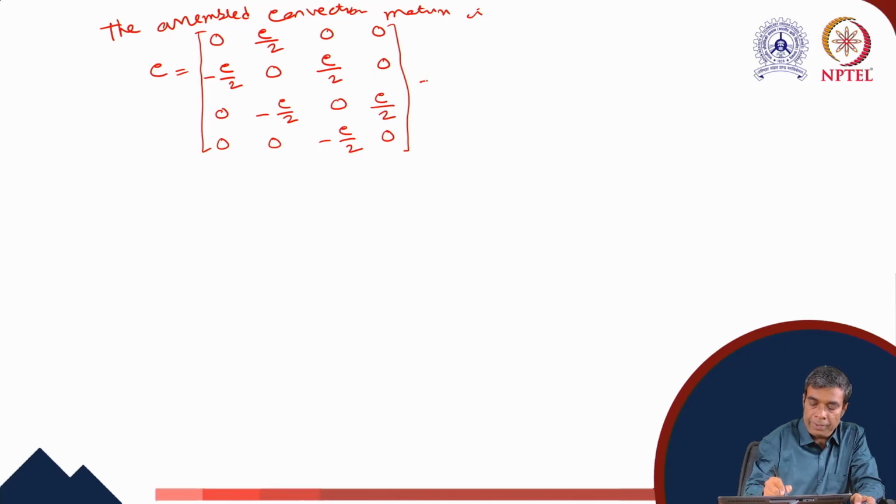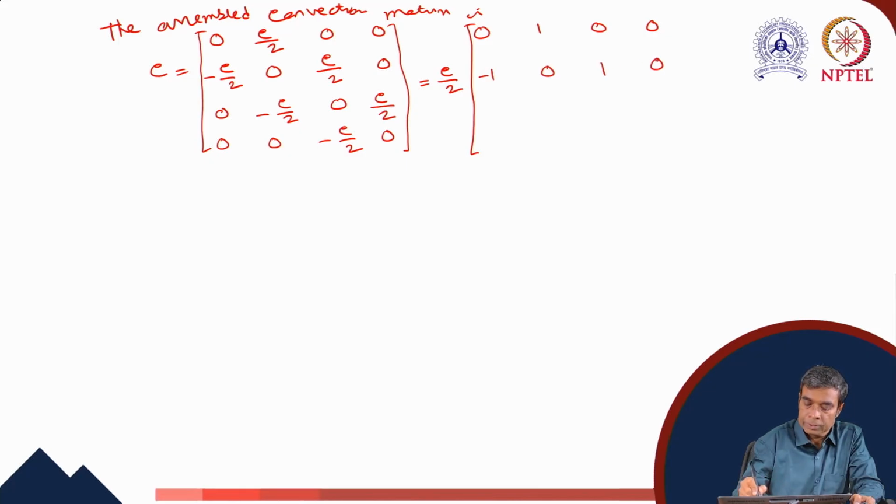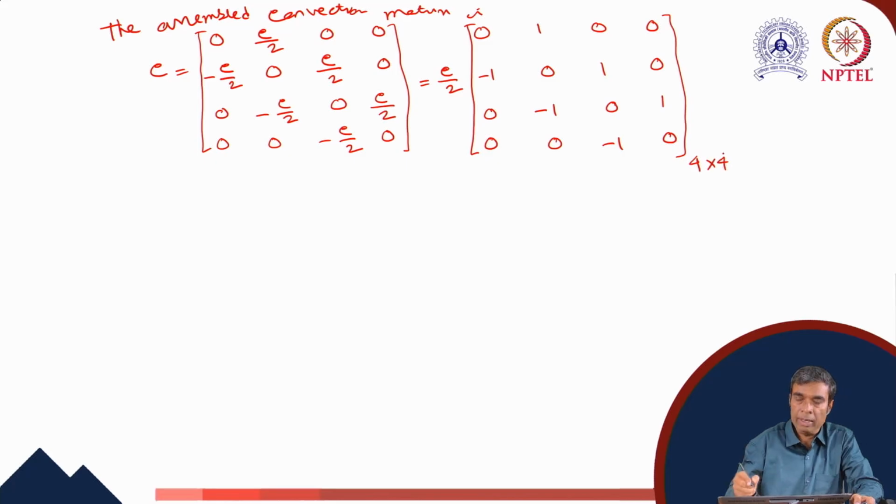So we can write it as C by 2 into 0, 1, 0, 0 minus 1, 0, 1, 0, 0 minus 1, 0, 1, 0, 0 minus 1, 0. So this is the final form of our convection matrix.